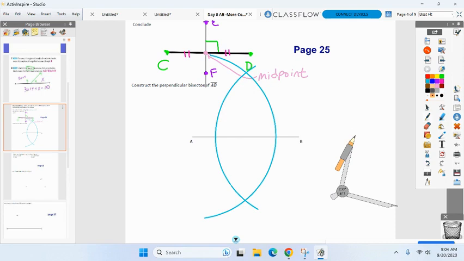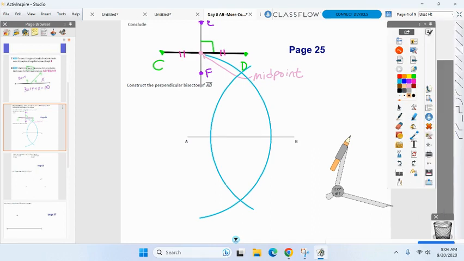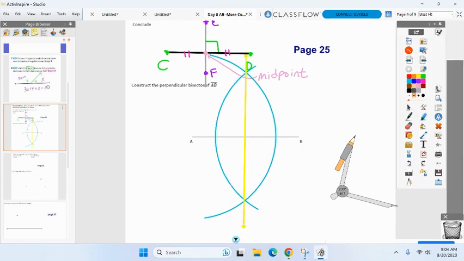When we found the midpoint, I would just have you mark it. Now I want the actual line drawn in. So line up your straight edge. I want the actual line drawn in because that's your perpendicular bisector. The line you draw in is called the perpendicular bisector.